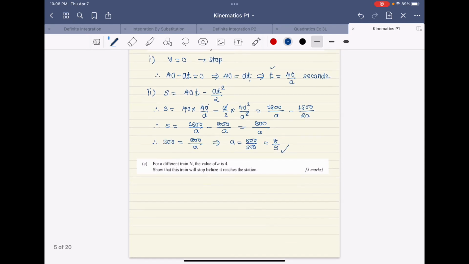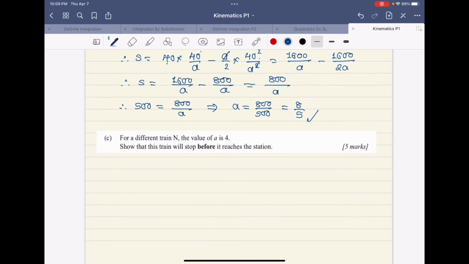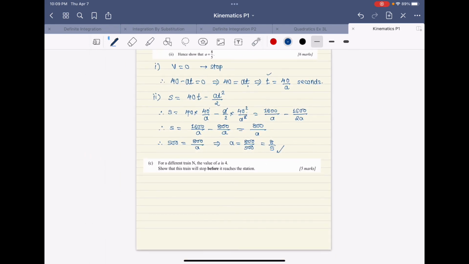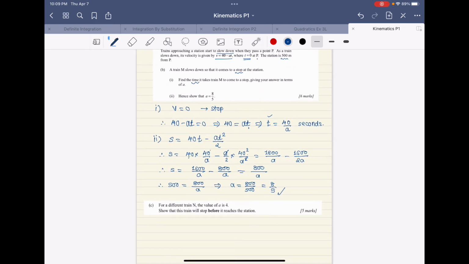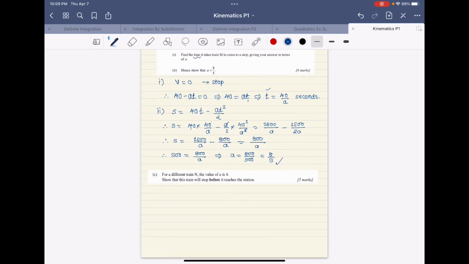Last part. For a different train, this was train M, now this is N. The value of a is 4. Show that this train will stop before it reaches the station. a is given as 4, so we will rewrite this velocity equation v = 40 - at as v is equal to 40 - 4t, because a is 4.